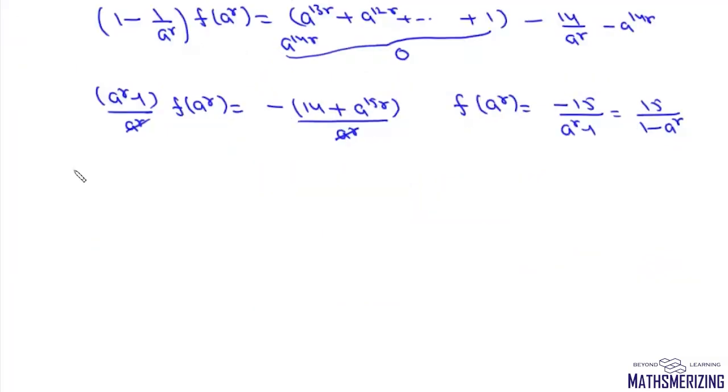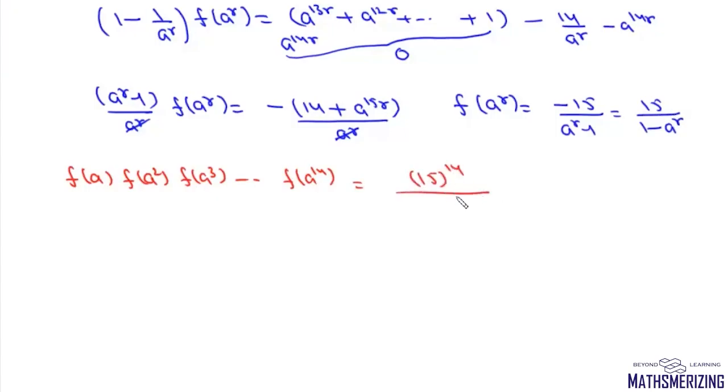Now we need to find the value of f(a) into f(a square) f(a cube) up to f(a to the power 14), which will be 15 into 15 into 15, 14 times, and there will be 15 to the power 14 upon 1 minus a square up to 1 minus a to the power 14.